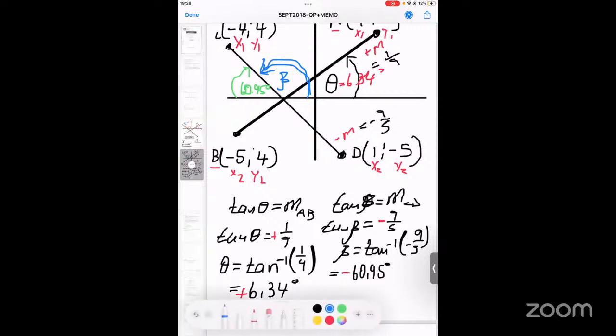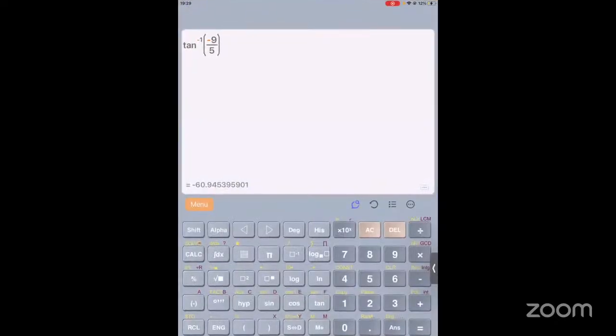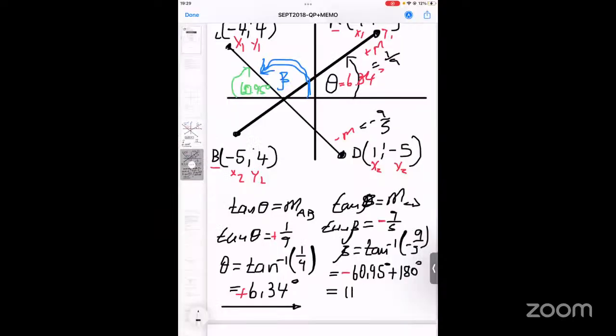So that is why you have to add 180 degrees, so that the angle that you get will be that angle beta. So you add 180 degrees, and you get 119.05 degrees. It is therefore your angle beta, 119.05 degrees. It is that angle.